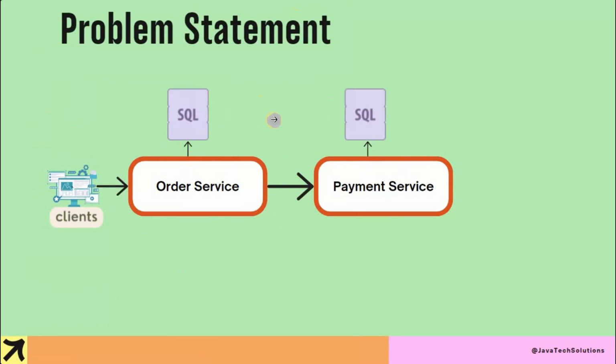If we are discussing this order placing project in a single DB in a monolith application, and we break those things up, then, just for the timing, I've created two microservices. One is the order microservice and the other is the payment microservice, and as you can see these two microservices have separate databases. When a client request comes into the order service, let's say the order is saved successfully in this database.